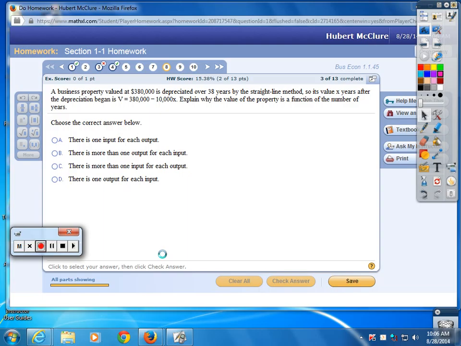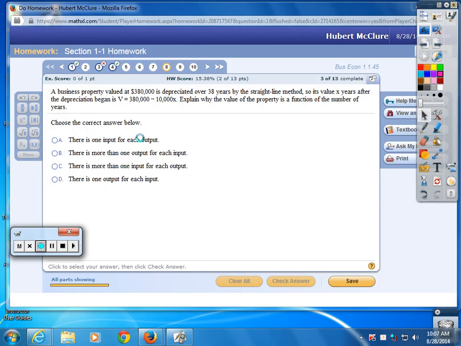Now, how do input and output go in nature? Input to output. And that would be your answer. There is one output for each what? Input. There is one input for each output is not correct, because that is saying that you have to put in an output to get an input.